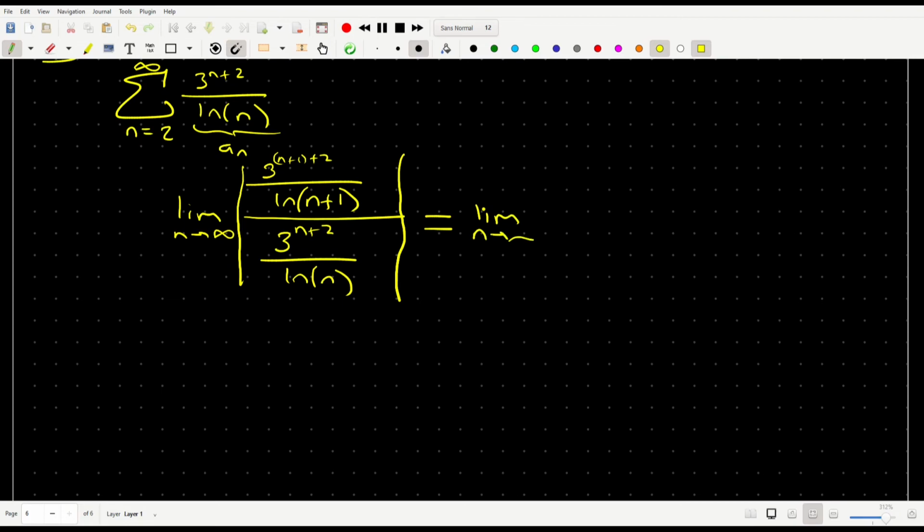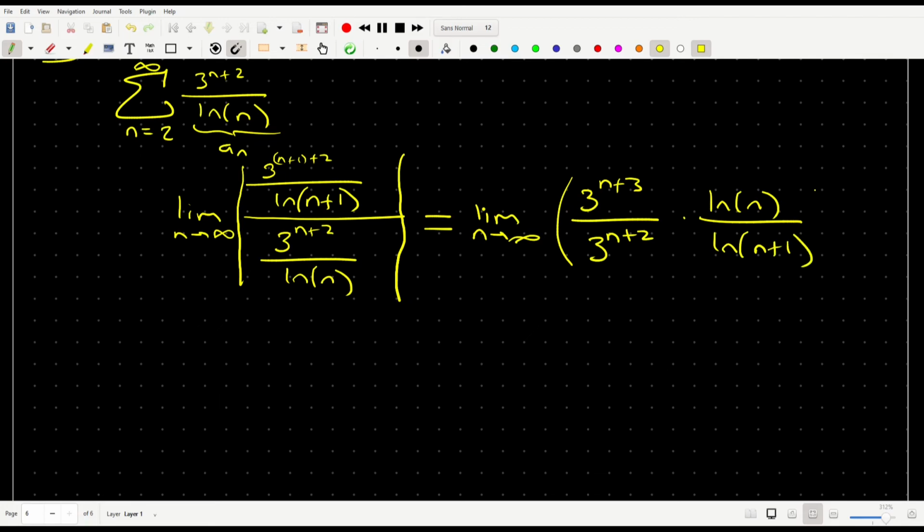This is the same thing as the limit as n goes to infinity of 3 to the n plus 3 over 3 to the n plus 2, times the natural log of n over the natural log of n plus 1.